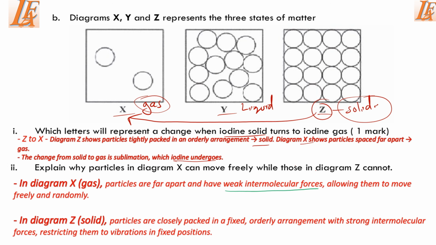While in diagram Z, that is in solid state, particles are closely packed in fixed positions, arranged in an orderly manner, and in this case they have very strong intermolecular forces, and they possess a very small amount of kinetic energy. That's why they only vibrate within their fixed positions and they cannot move freely within the space that they occupy.